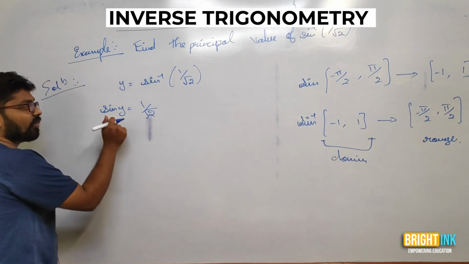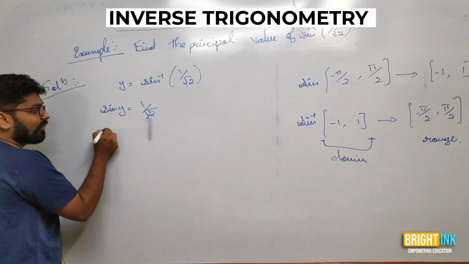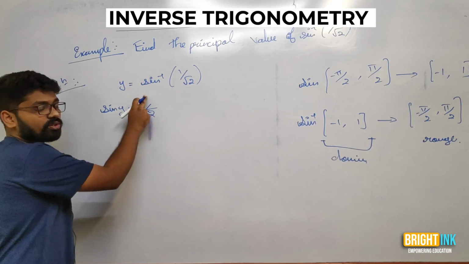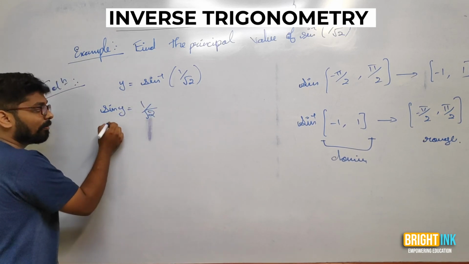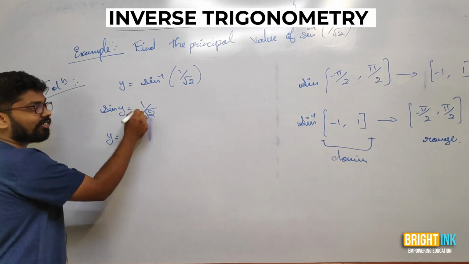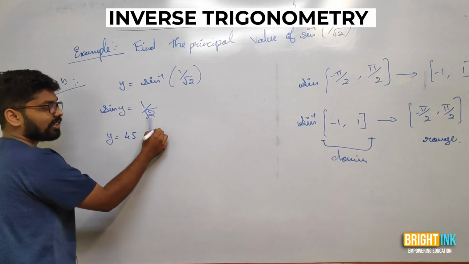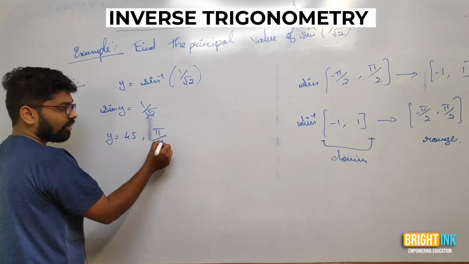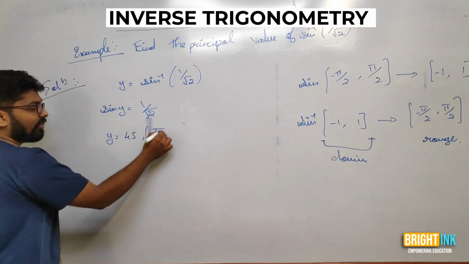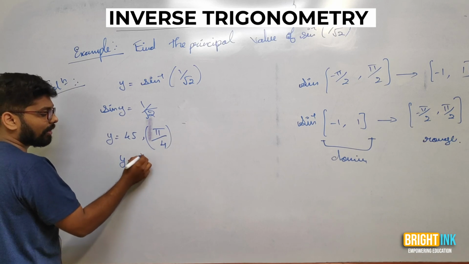So therefore if you observe, sine y is equal to 1 by root 2, meaning for which angle of y is it 1 by root 2? 45. So 45 degrees, how do you represent it? Pi by 4. So y is nothing but pi by 4.